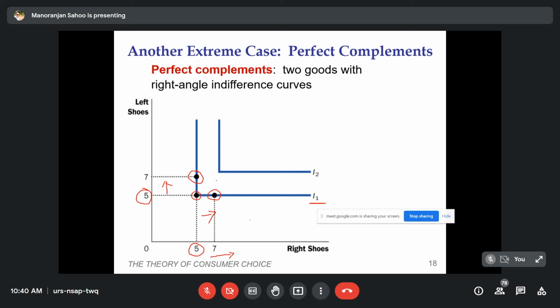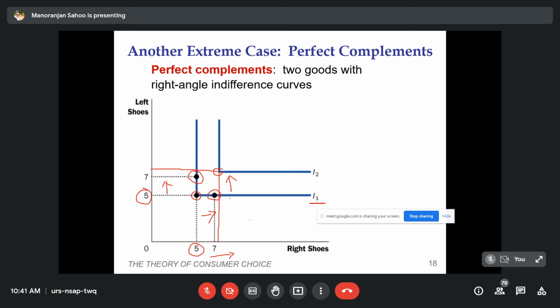And only when the number of X commodity increases as well as the number of Y commodity increases with the same proportion, then only the consumer's happiness will increase, which will be explained by a higher indifference curve. Otherwise, all the points will be upon the same indifference curve.